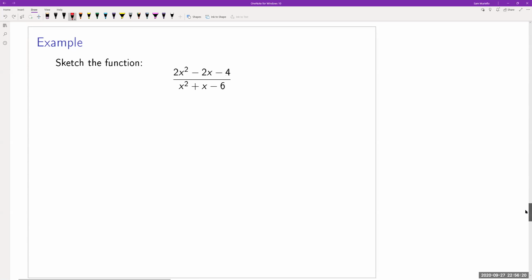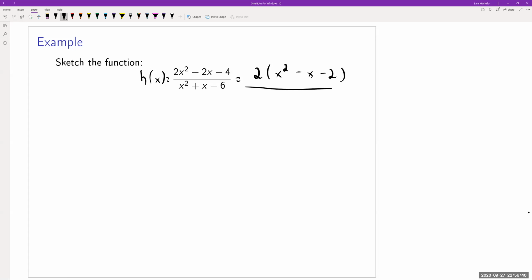We're given this function. Our first step is going to be to factor. Let's say that we call this function h of x, and we can factor the numerator and the denominator. I'll first pull a common factor out of the numerator, x squared minus x minus 2, and then factor each.